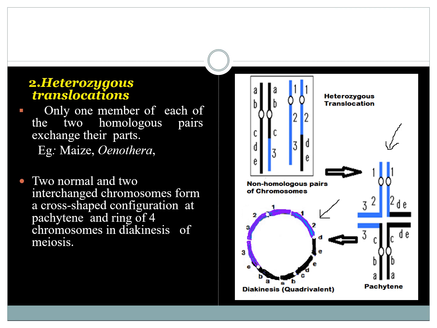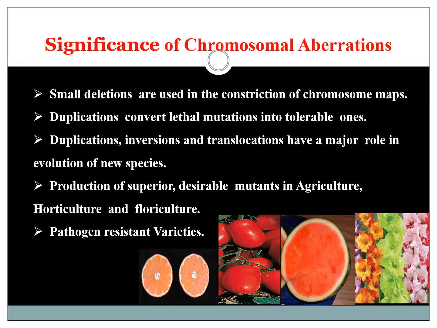The next is the significance of chromosomal aberrations. Generally, deletions or deficiencies are more deleterious compared to the other abnormalities. But small deletions behave as recessive and they are useful for the construction of chromosome maps or linkage groups, or they may be useful for the identification of genes.